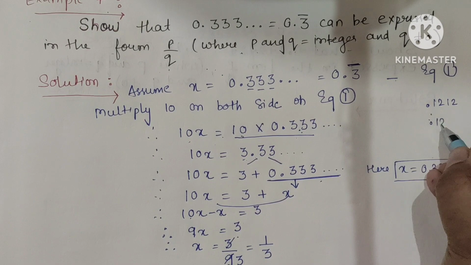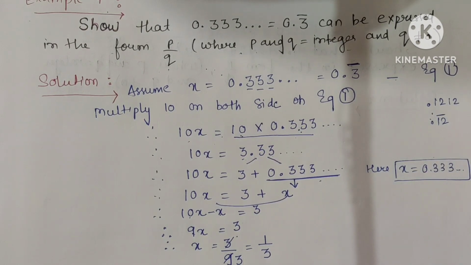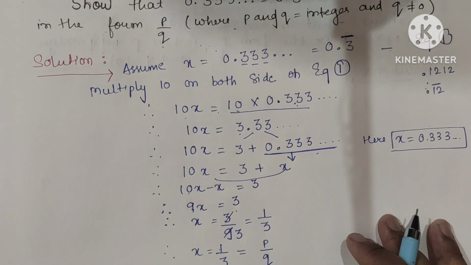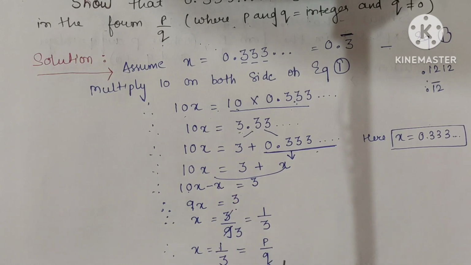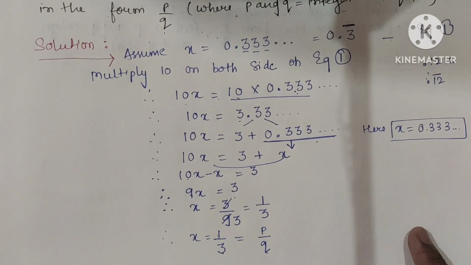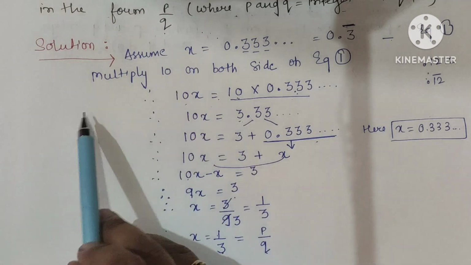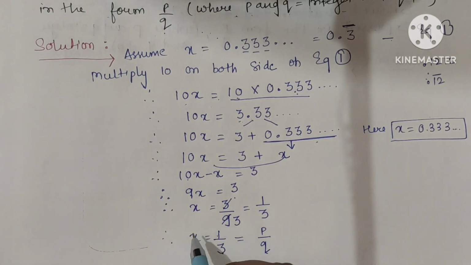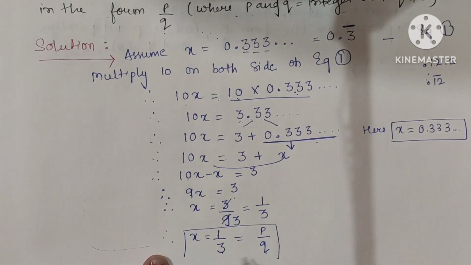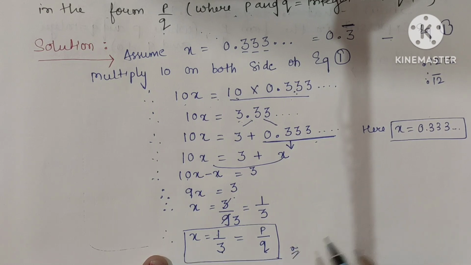Why? Because it is 12 bar. Now here this is in the form of p by q. In exams you are going to attempt this question like this, in proper form with proper steps.